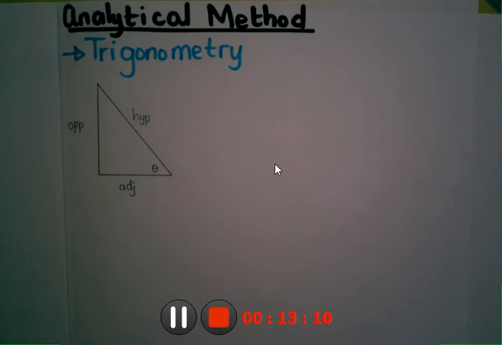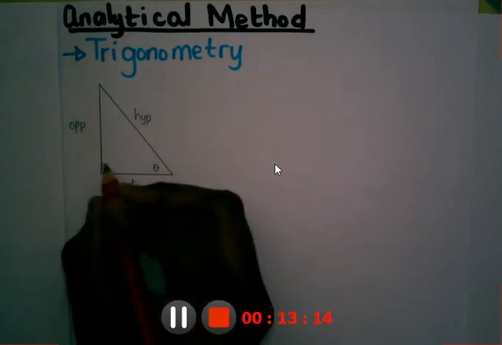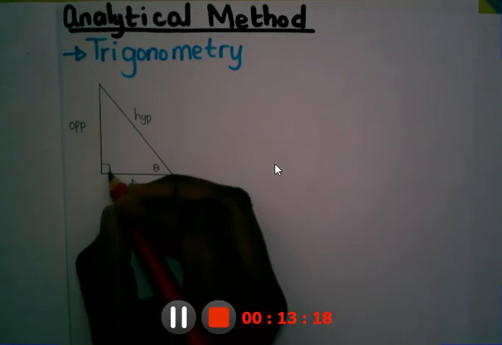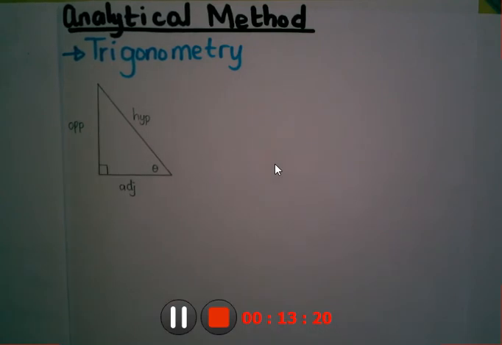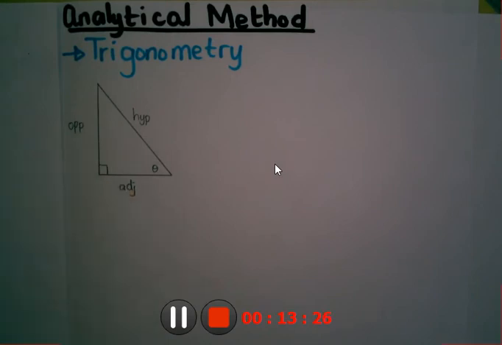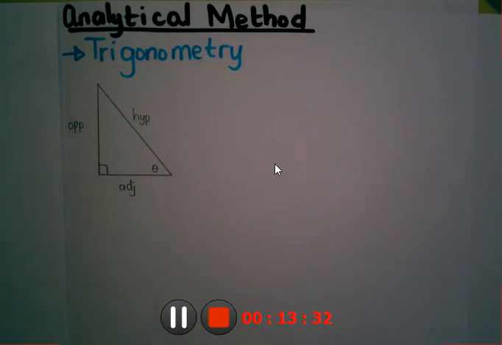Remember, in trigonometry we have a right angle triangle and then we have a given angle in the triangle. We have three sides: the opposite, the hypotenuse, and then the adjacent. And remember, the hypotenuse is always the longest side in the triangle.